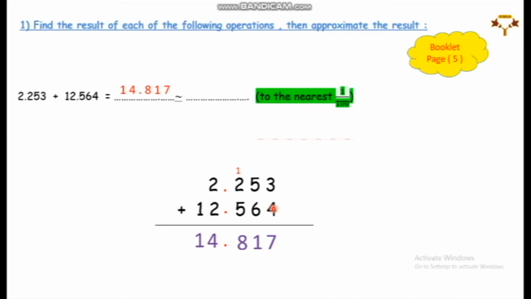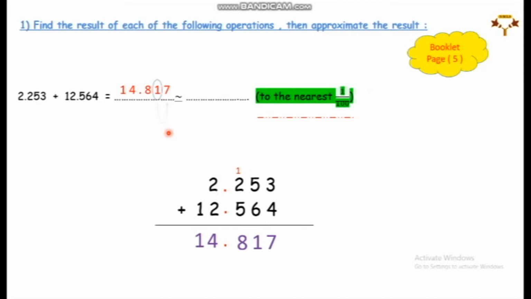Okay, next. You have to approximate it to the nearest hundredths. Excellent. So when I want to approximate to the nearest hundredths, first you have to circle the hundredths place, which is 8, 1 or 7. The hundredths place is the 1. So when I circle the number, you have to look after it.